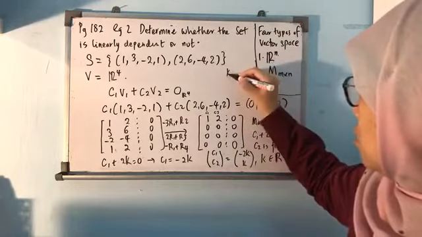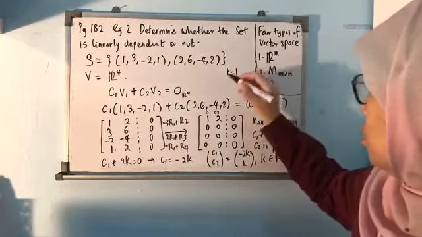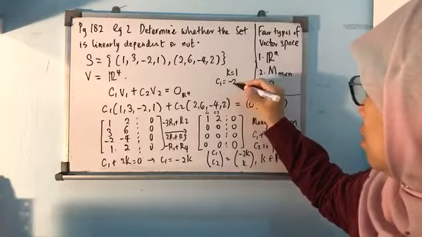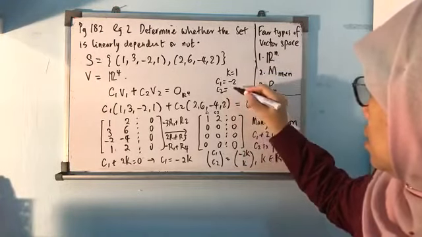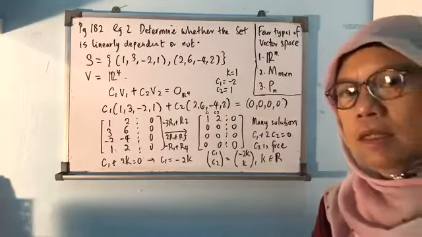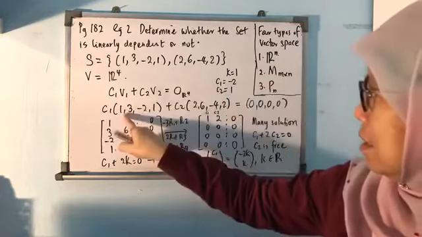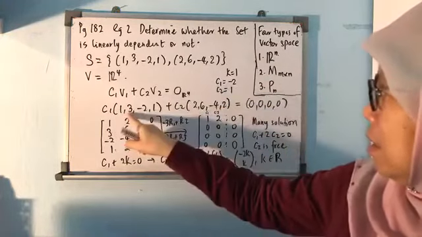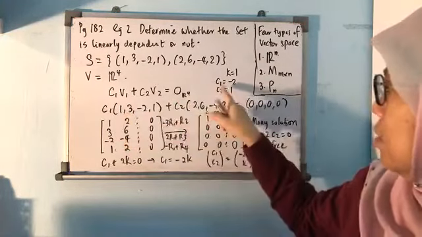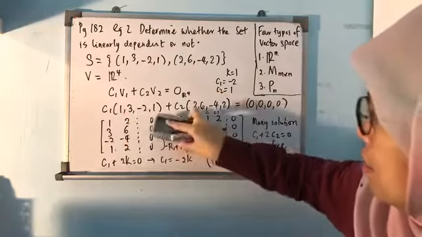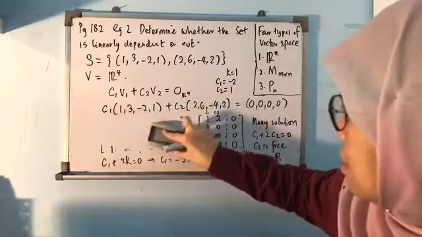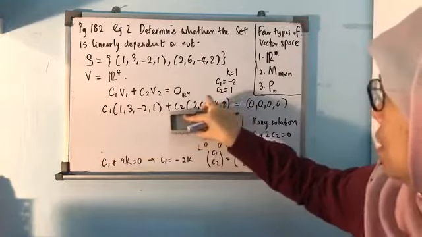Okay, if K is 1, you will get C1 is negative 2, C2 is 1. That is one of the example, the answer. If you plug in here, right? Okay, this is just, you can see this in the notes.